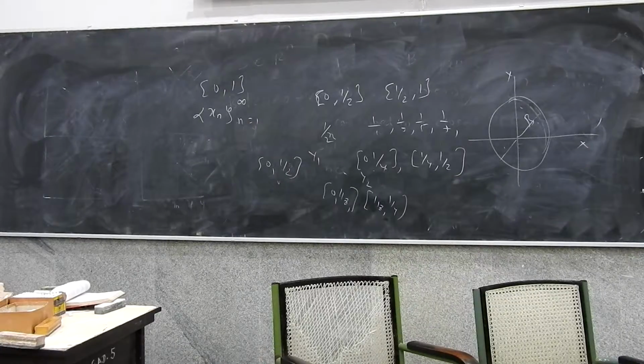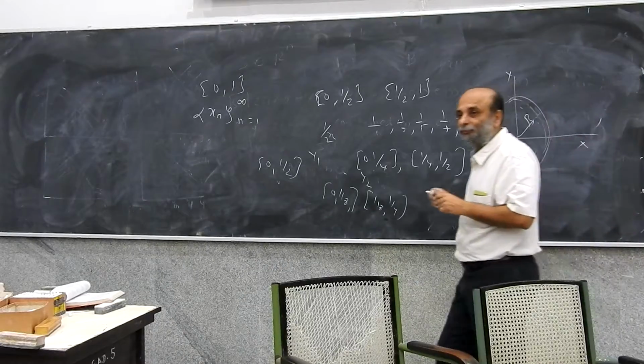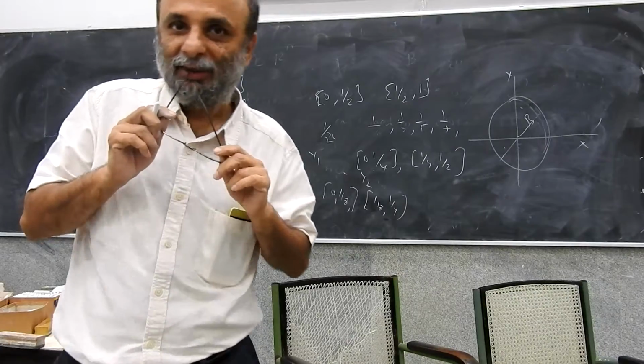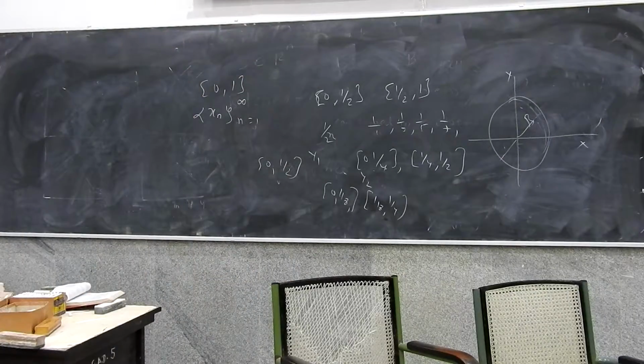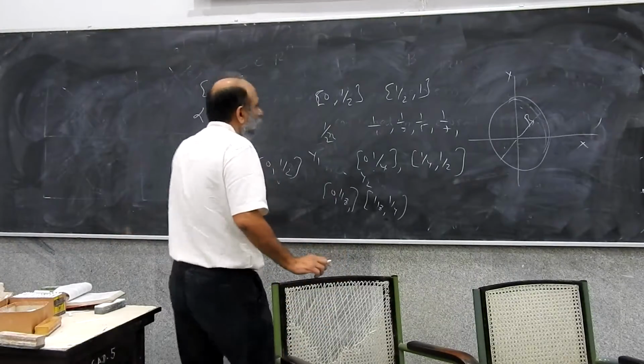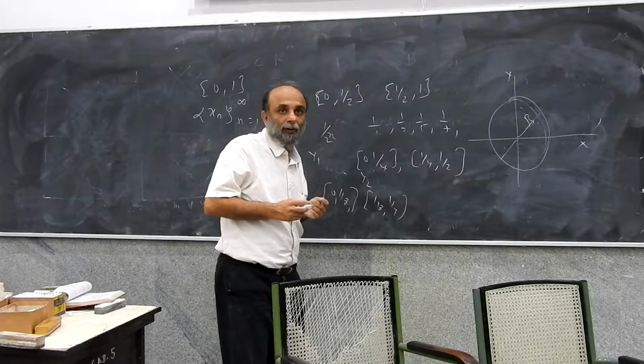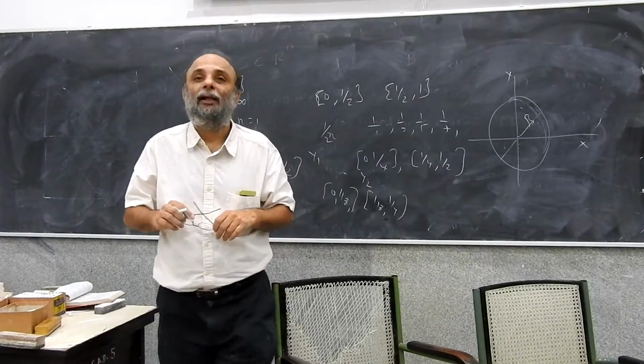How will you define an interval? How will you generalize this proof to Rm? What did we do here? This was the length, and we broke it into two. So basically, what will be a sequence in Rn?